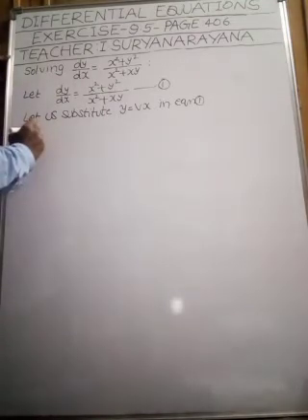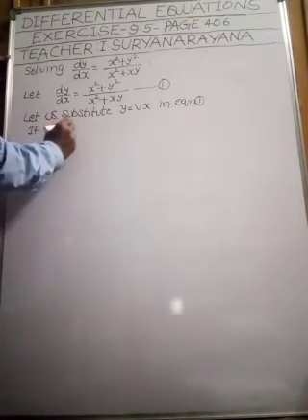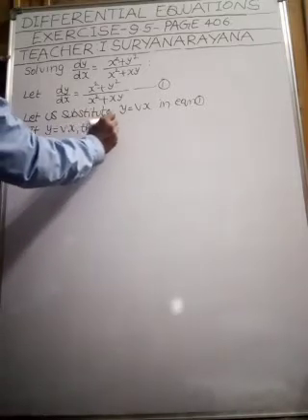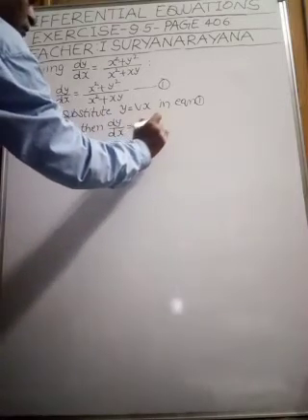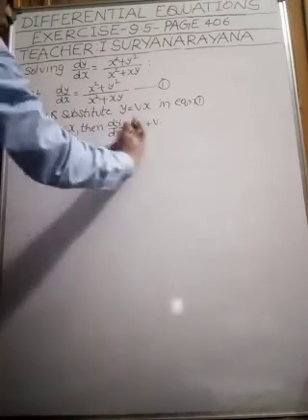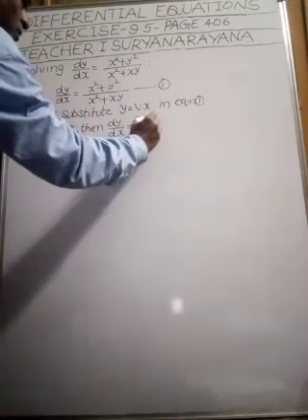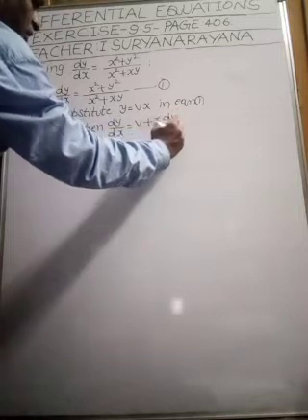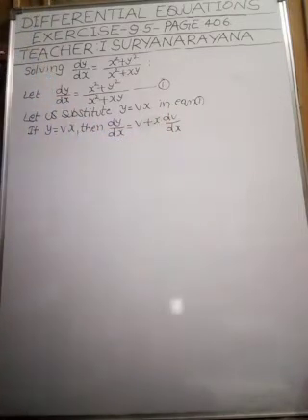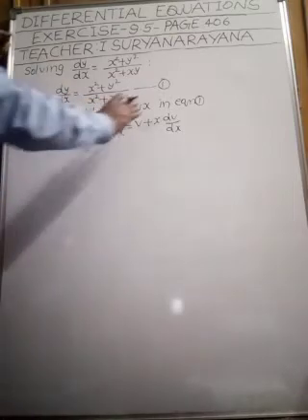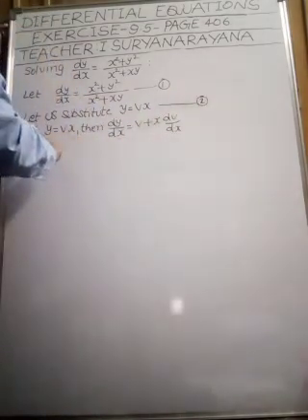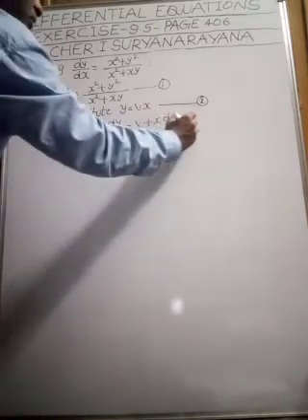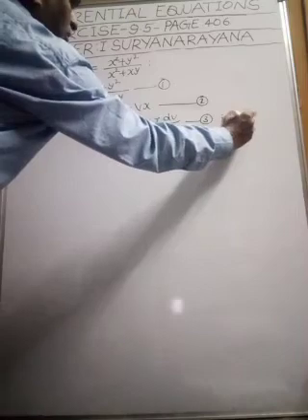Okay, my children, if y is equal to vx, then previously I told you dy by dx is equal to v plus x into dv by dx. Okay, my children. So we have to substitute y is equal to vx in equation 1.